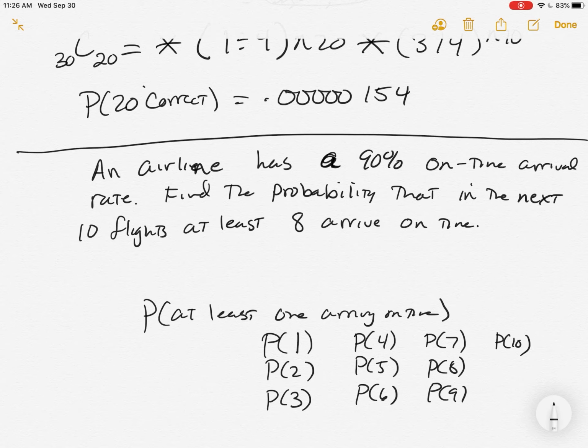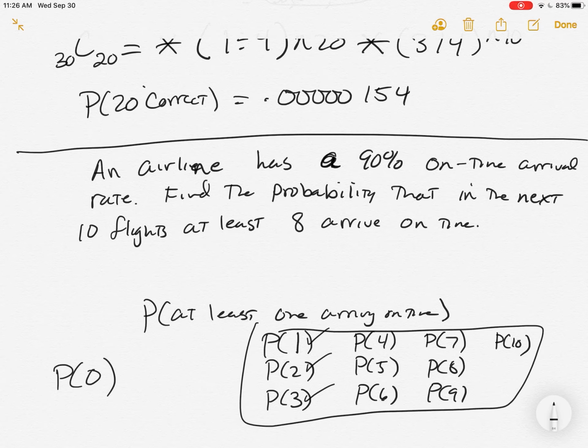And you would have to do 10 individual calculations and then add them all up. That's a lot. The only thing not in this category is no flights on time. So wouldn't it have been easier to figure out the opposite and subtract it from 1?